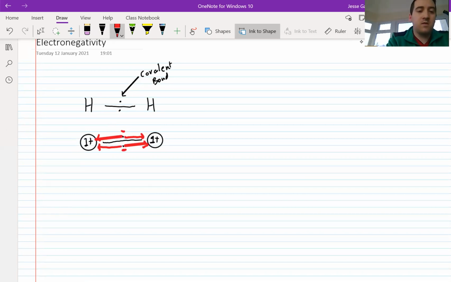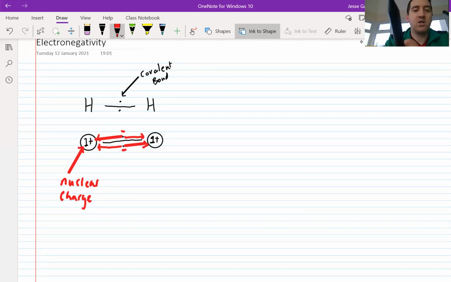Now, just to recap, +1 is what we call the nuclear charge. And it comes from the amount of protons in the nucleus. Now, because both of the atoms are the same, each atom has a +1 charge, the same charge.